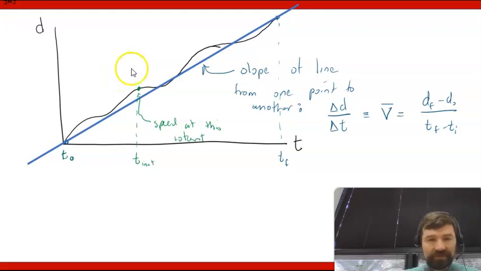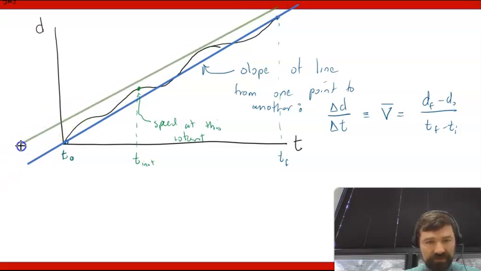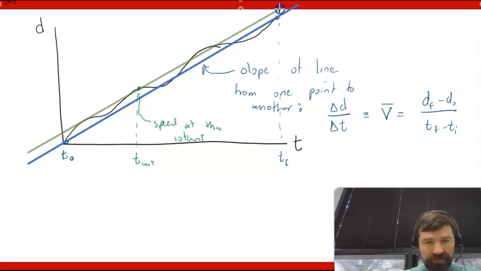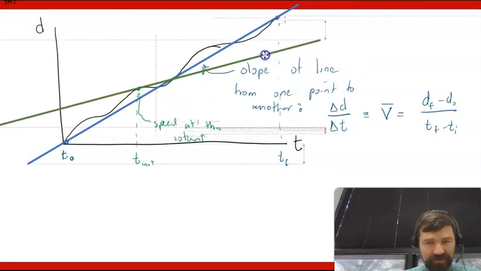And the way that I basically can do that is I put in another line, but this other line needs to essentially run tangent to this little curve at this point in time. So I kind of expect the line to be something like this.